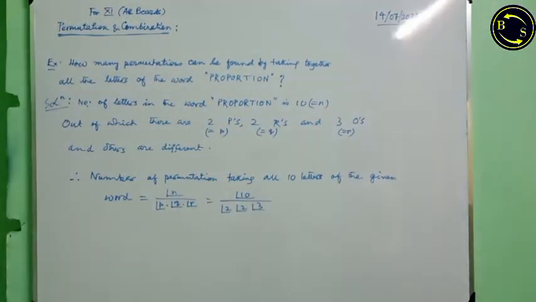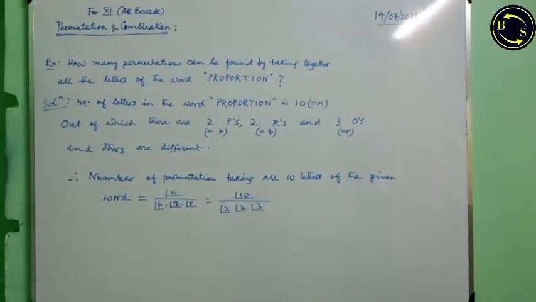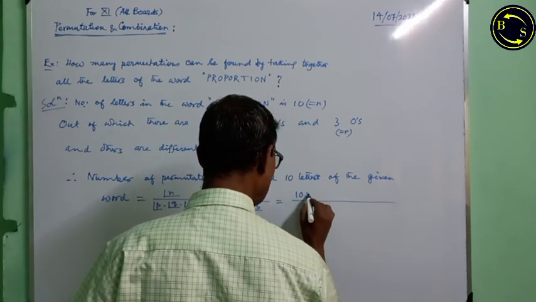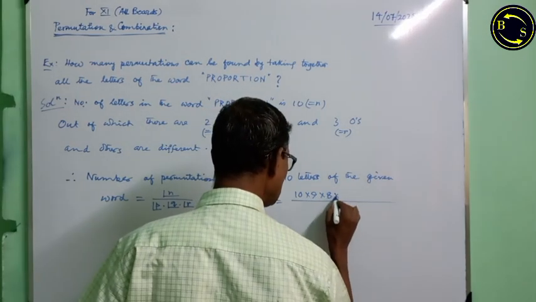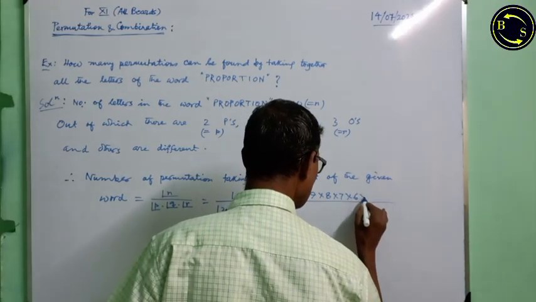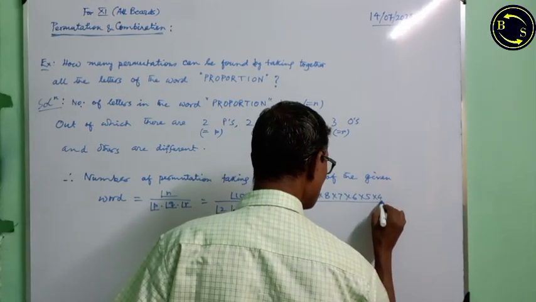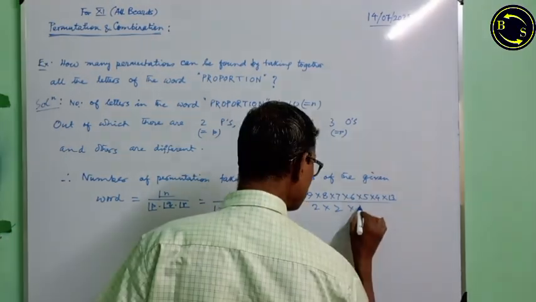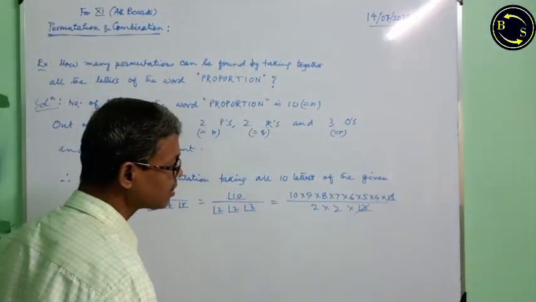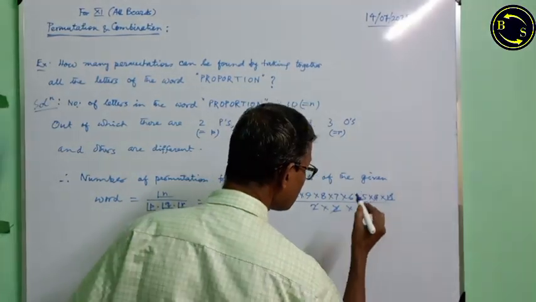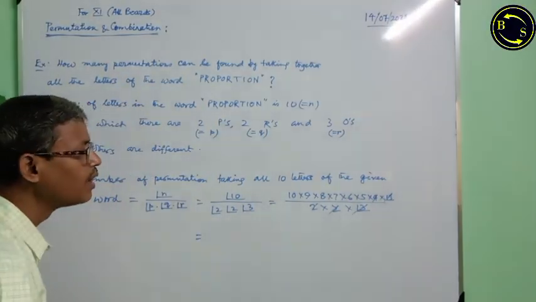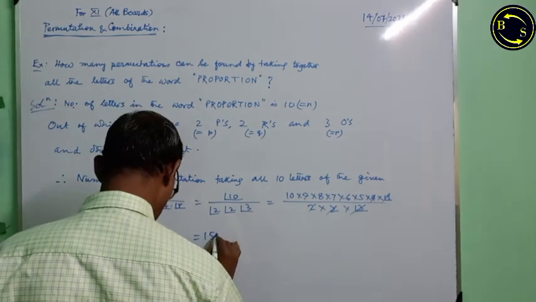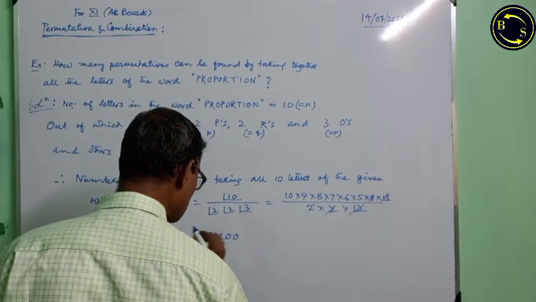If a calculator is allowed, you can use the calculator, or follow: 10 into 9 into 8 into 7 into 6 into 5 into 4 into factorial 3, over 2 into 2 into factorial 3, which are cancelled. Then the final result will be 151200.